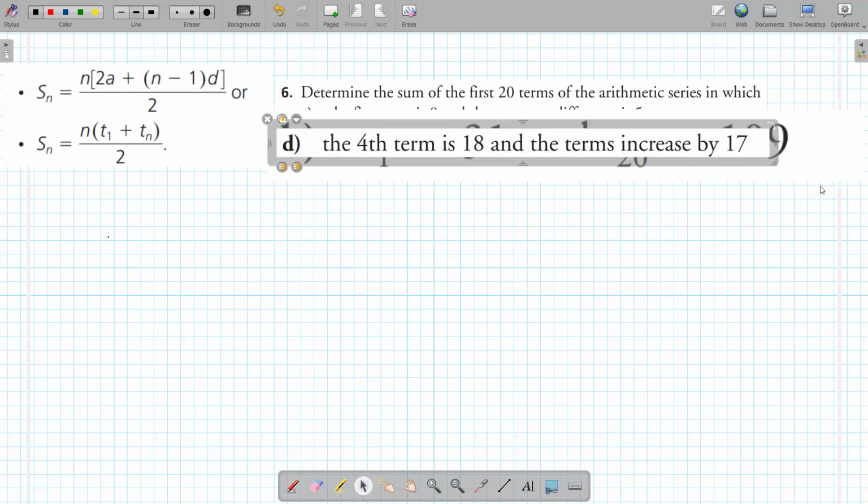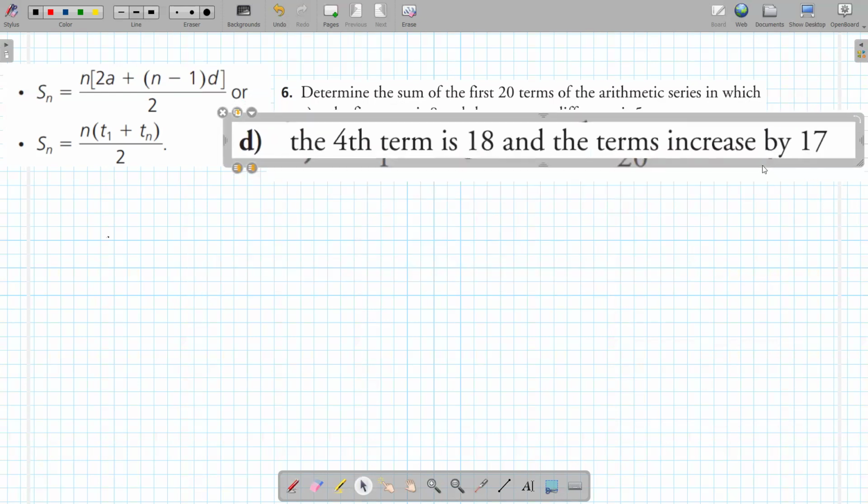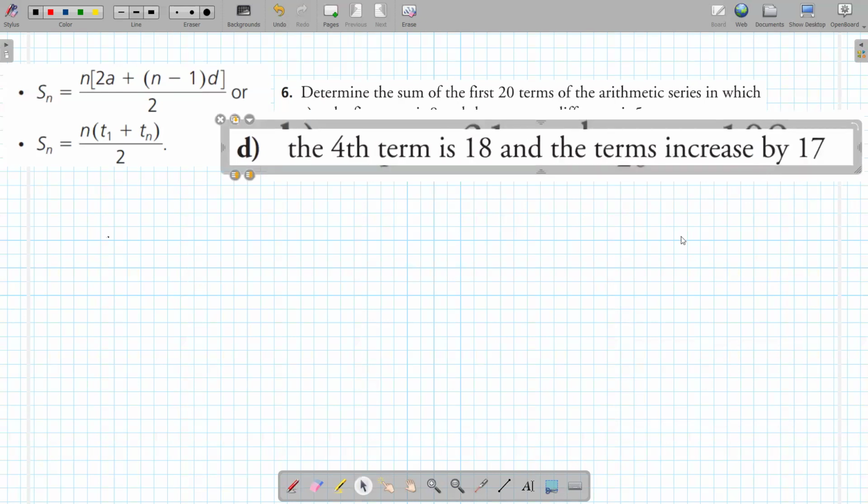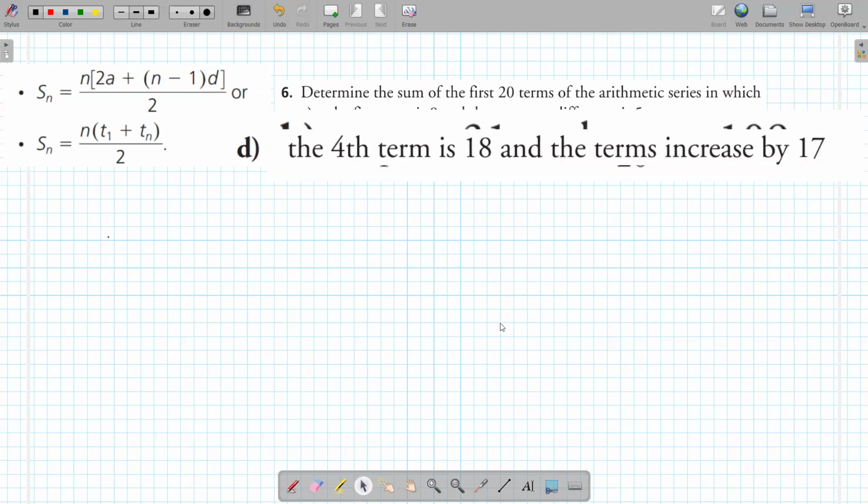What about this one? Part D, do we use the top one or the bottom one? Or do we need to do something else?